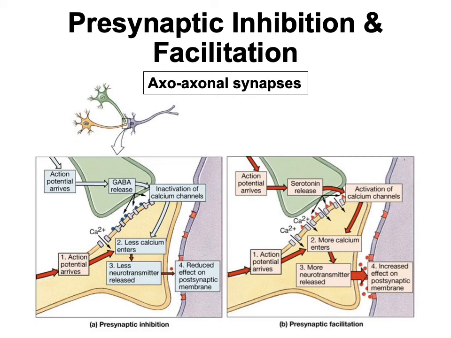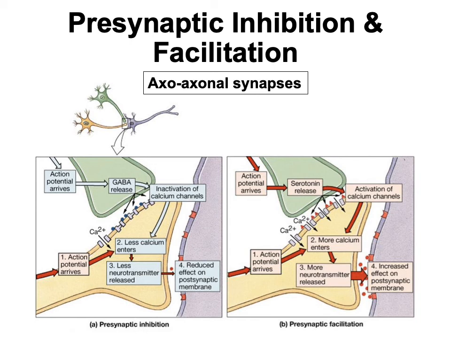Now on the right side, the green axon terminal is now releasing serotonin. And we're going to just still say that the yellow one is going to release acetylcholine, and you've got a receiving dendrite, and it's in gray. So when the action potential comes down the yellow axon terminal, the serotonin from the green axon terminal will be released, causing more calcium channels on that axon terminal that has the action potential coming down it to open.